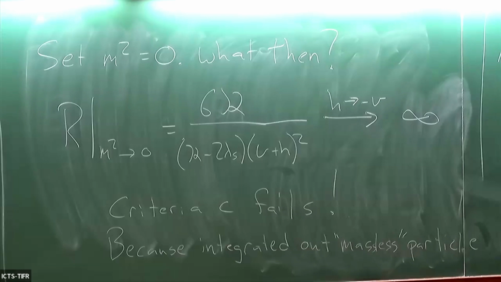You can integrate them out, it just makes your theory non-analytic and non-local. What's the physical interpretation? The only time we can do this EFT expansion, where we're shrinking propagators to points, is when they're heavy, and we don't have long-range interactions.